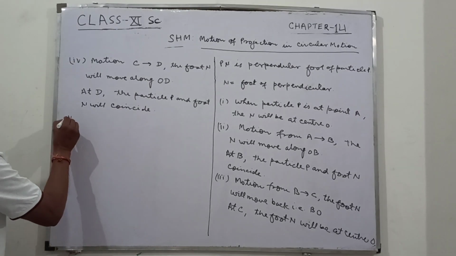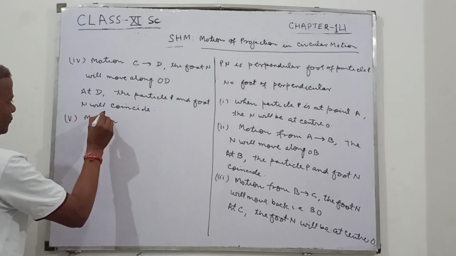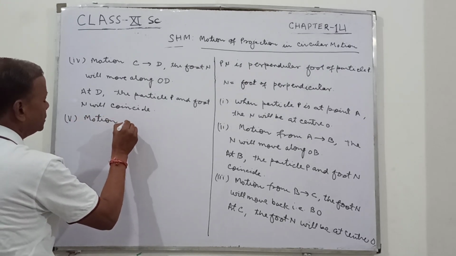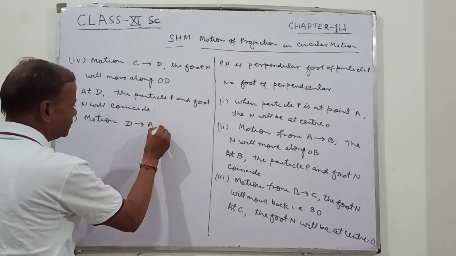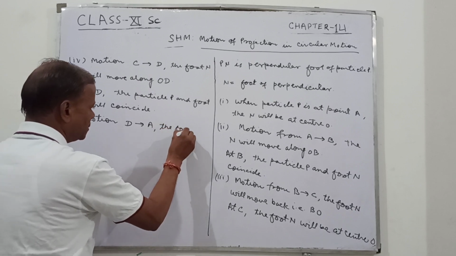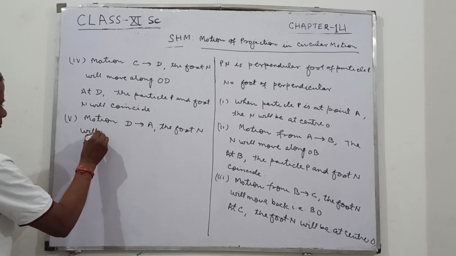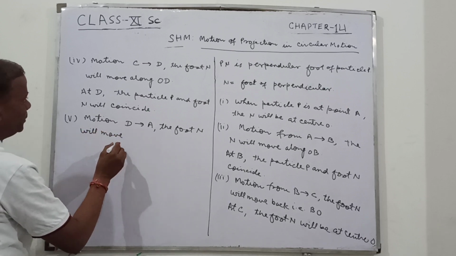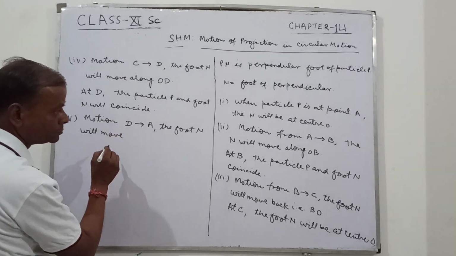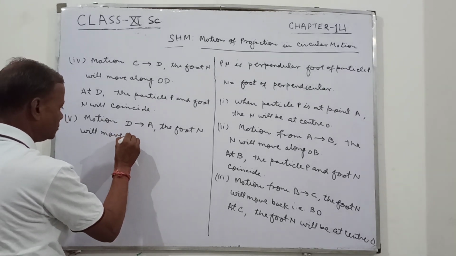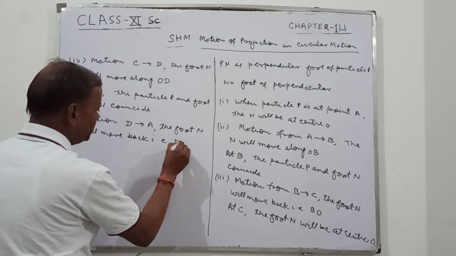And now fifth, motion D to A. The foot N will move back, that means along DO.